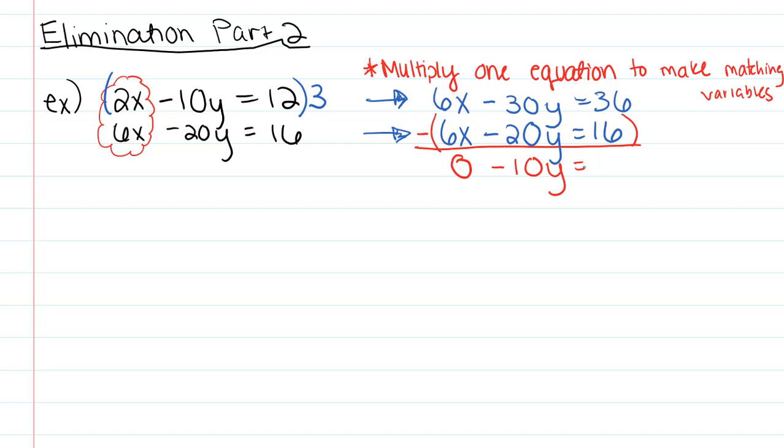Always feel free to use a calculator, even if just to check. Then 36 minus 16 is 20. Let's finish up solving for y here. 0 minus 10y is negative 10y. Divide both sides by negative 10, and we get that y is negative 2.